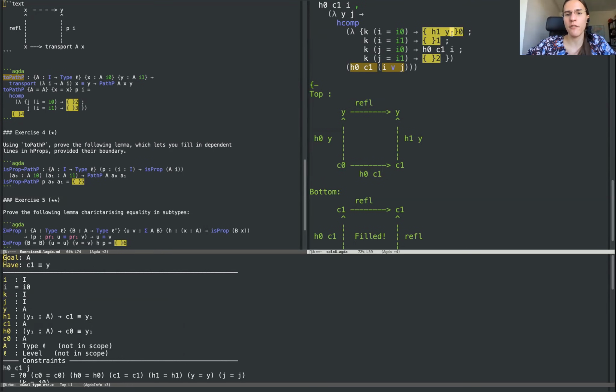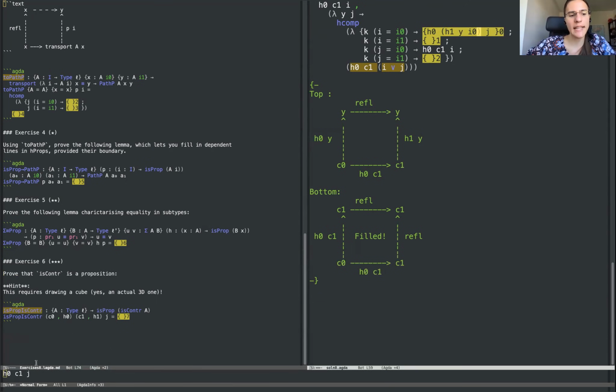So if we sort of imagine changing this as k goes from 0 to 1, then if we take h naught of this and evaluate that at j, let's see what it is when k is I naught. When k is I naught, we get h naught of c1 of j, right? When k is I1, we get h naught of y of j.